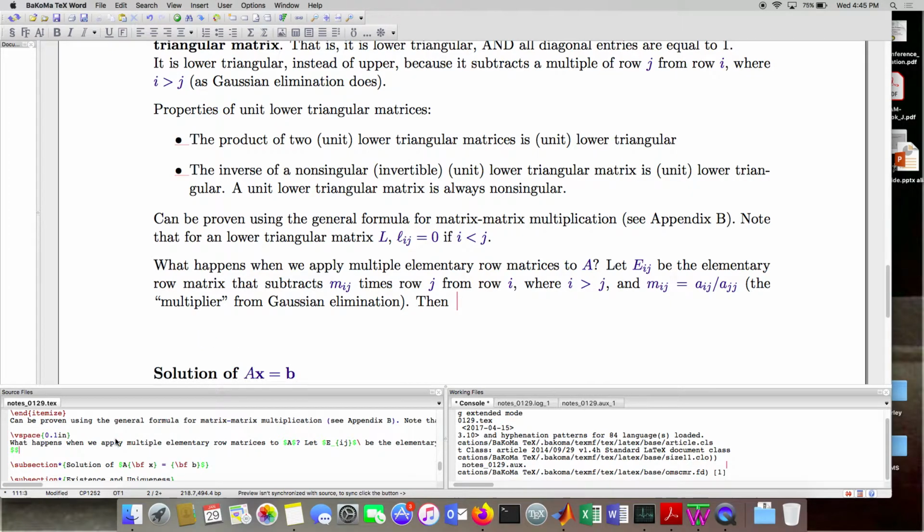Then we have the following. I start with A, and what is the first row operation that the algorithm for Gaussian elimination performs? This operation, E21, is trying to eliminate the 2-1 entry. It computes the multiplier m21, multiplies that by row 1, and subtracts it from row 2.